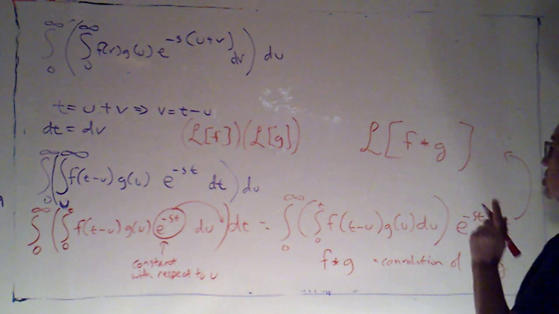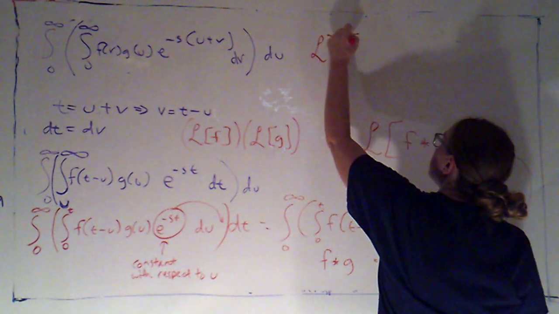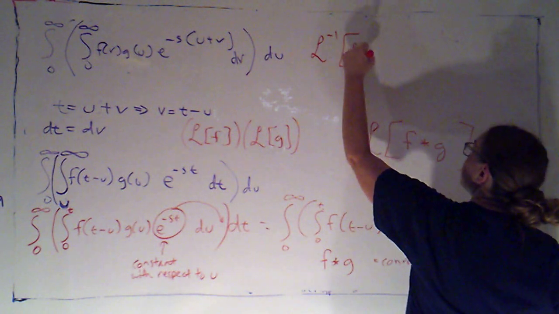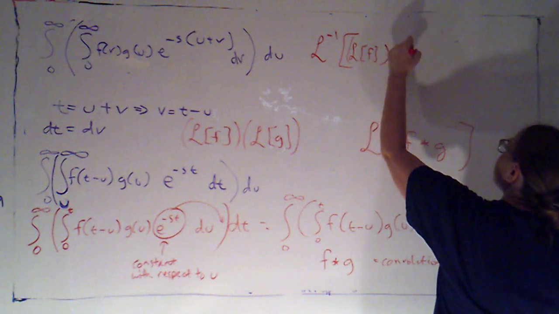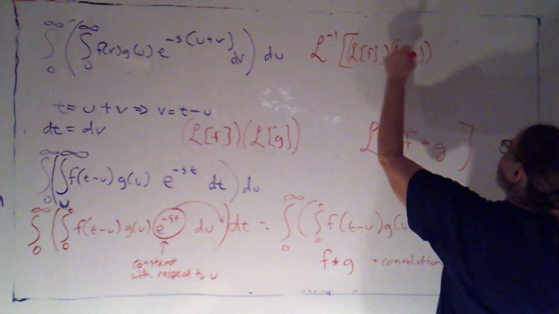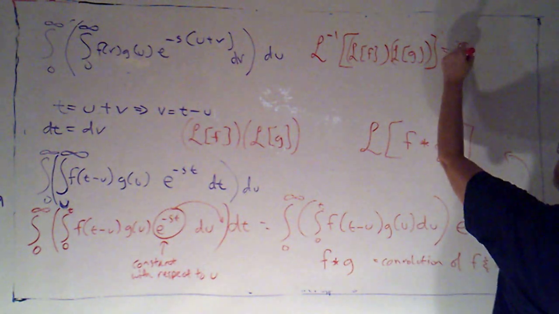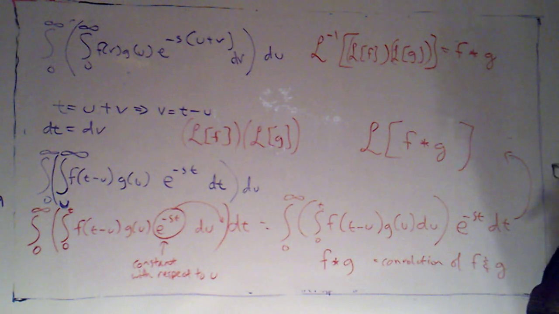So the inverse Laplace transform of the Laplace transform of f times the Laplace transform of g, this product of things, is just going to be the convolution f star g.